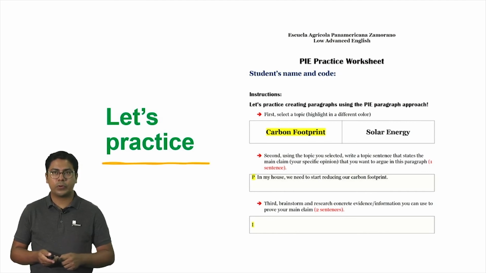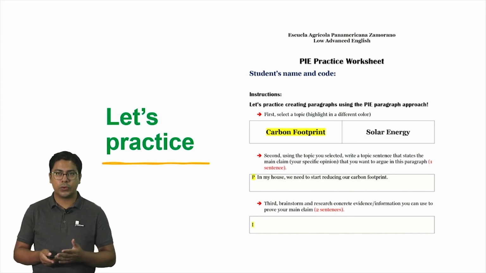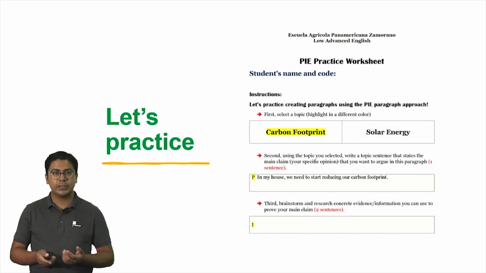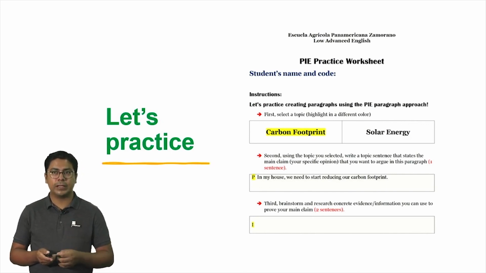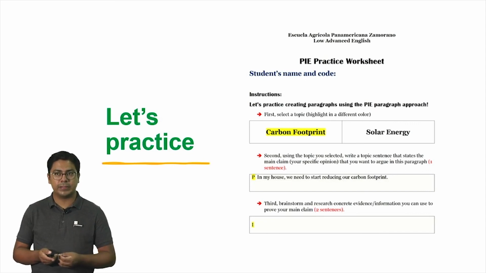So, now let's practice. Attached to this video, you will find a link to this worksheet. In this worksheet, you're going to write a paragraph applying the 3 parts of PIE. There are 2 topics that you can choose from: carbon footprint or solar energy. After you select the topic, you will write a topic sentence, which is going to state your main claim or your opinion.